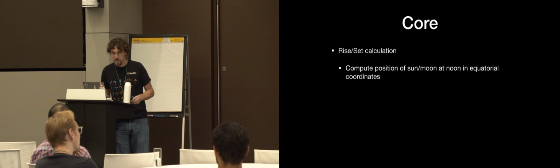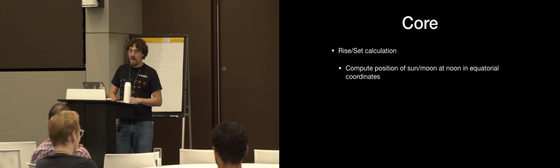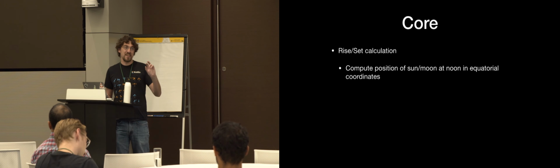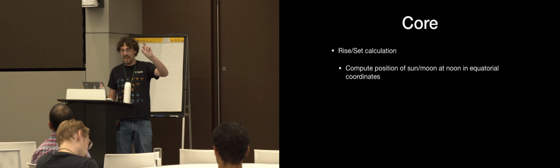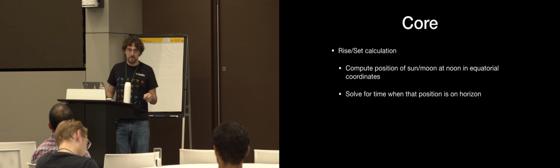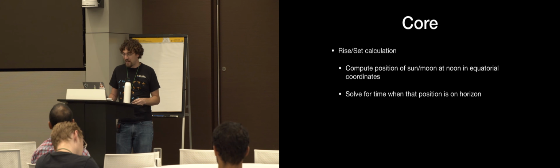So core, as I said, does the rise and set calculation. There's a bunch of math and trigonometry to that, but essentially we have some formulas that tell us in a certain coordinate system where the sun and moon are in the sky. We transform that to the local coordinates at which it's right on the horizon, a little bit of solving for x, and we get the actual time at which the sunset happens.